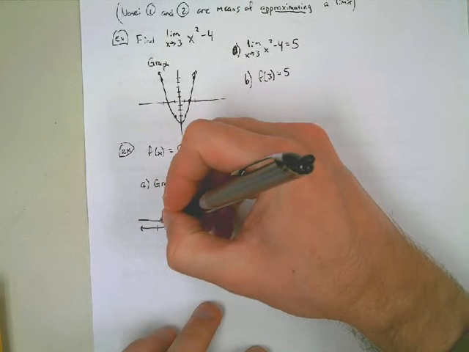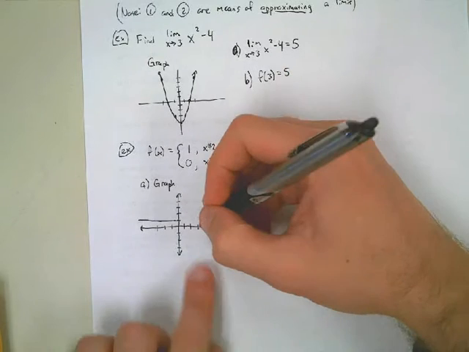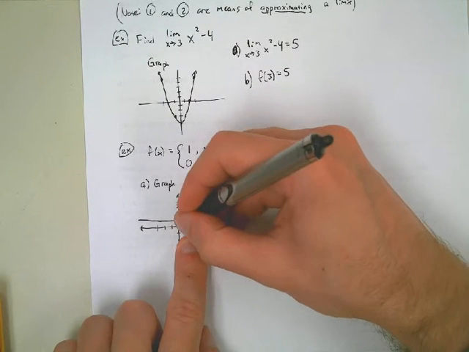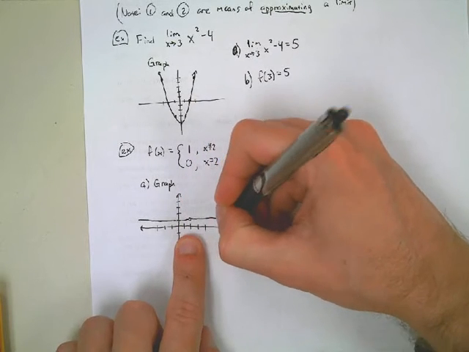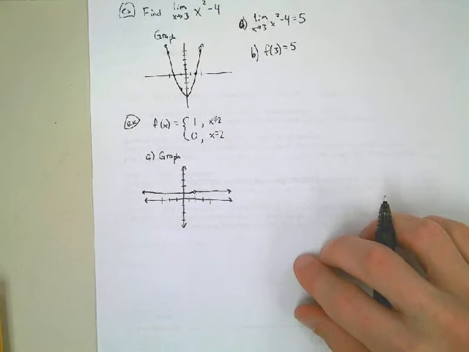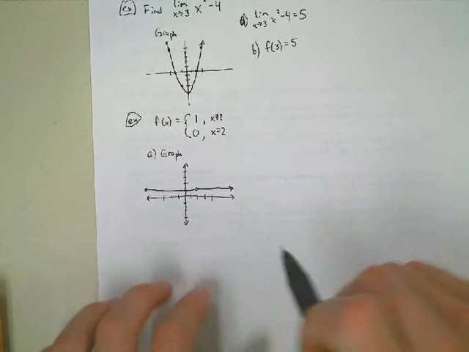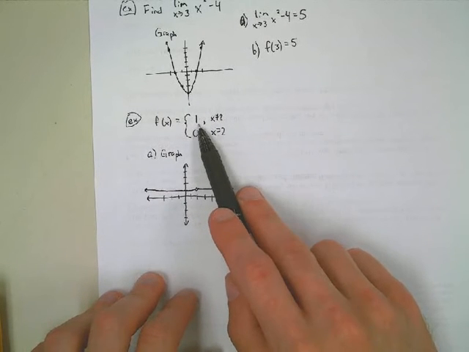But then at the x value of 2, what should I draw? An open circle, right? Because it doesn't go to that. And then I'll go to the other side too, and it continues on this way. So you have this little dot right there, open circle. So there we graph that top piece, right? Everywhere except at 2, the function value is 1. All the y values are 1, except at 2, it's an open circle there.